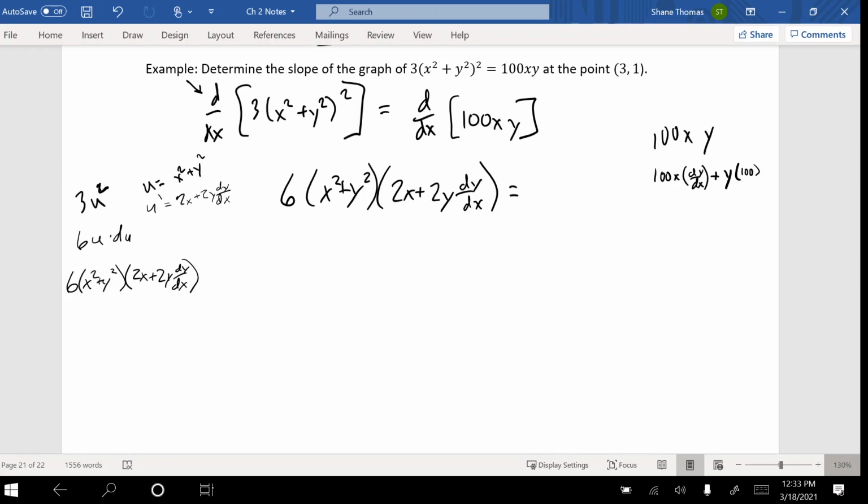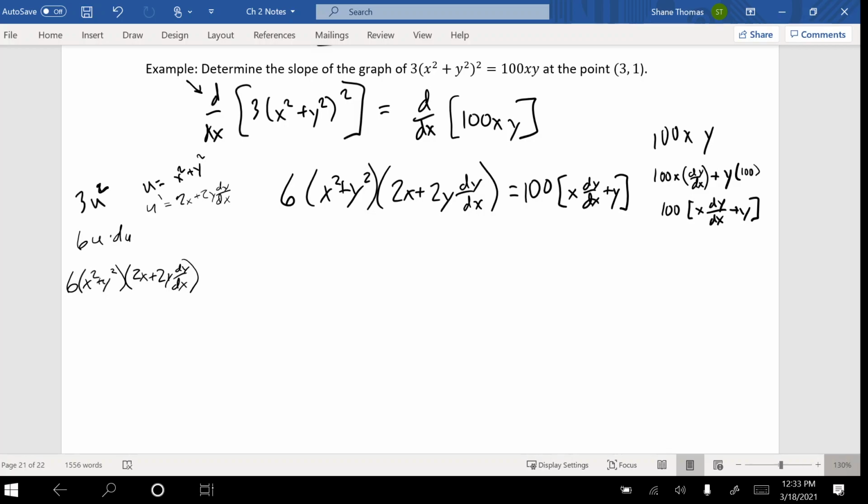All right, now both of them have 100, so let's go ahead and just factor this 100 out. 100(x dy/dx plus y). So that's what I'm going to have here.